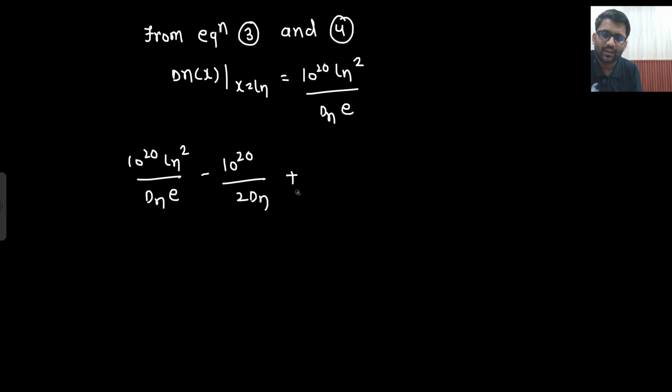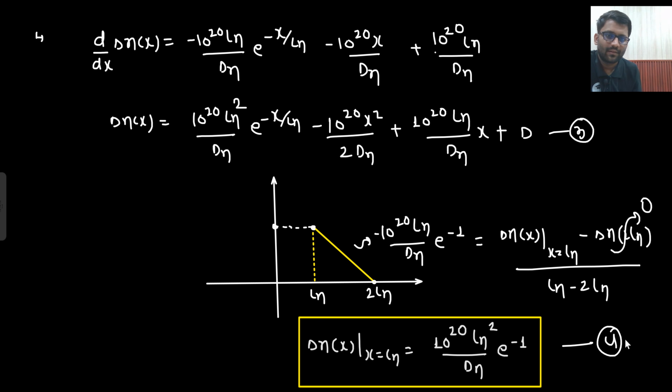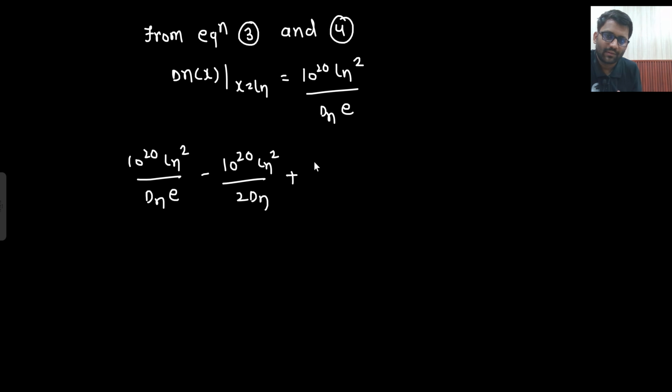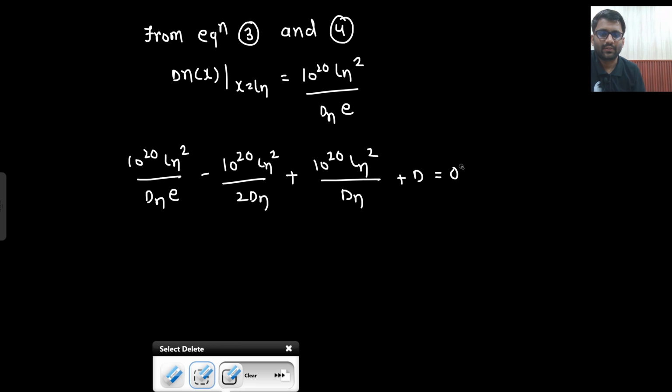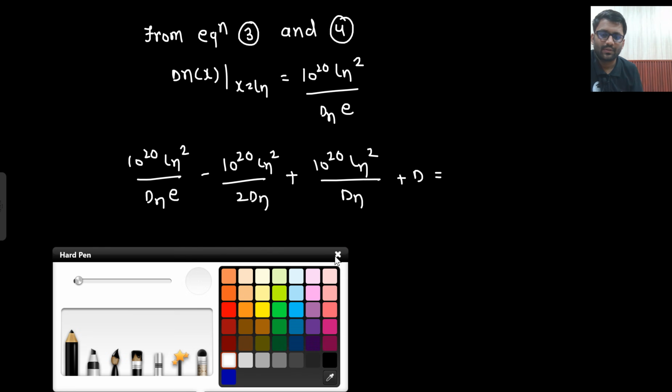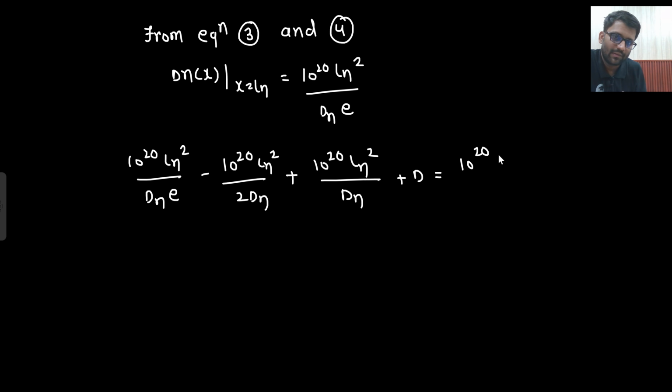In place of x I am putting ln, and here also you put ln: 20 ln square by dn plus d is equal to 0. Oh, sorry, not 0, sorry guys, that would be equal to 10 to the power 20 ln square dn by e. This constant I should not have put as d because d is already dn now.